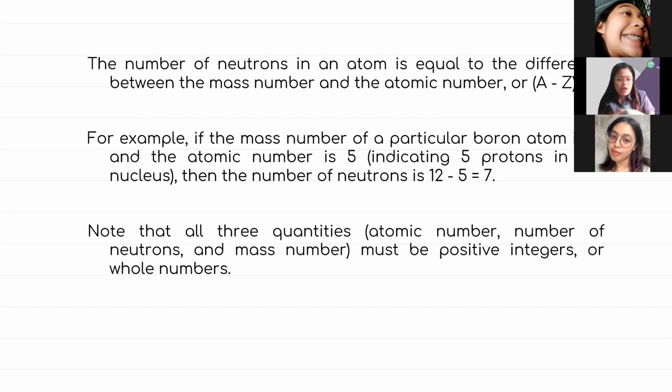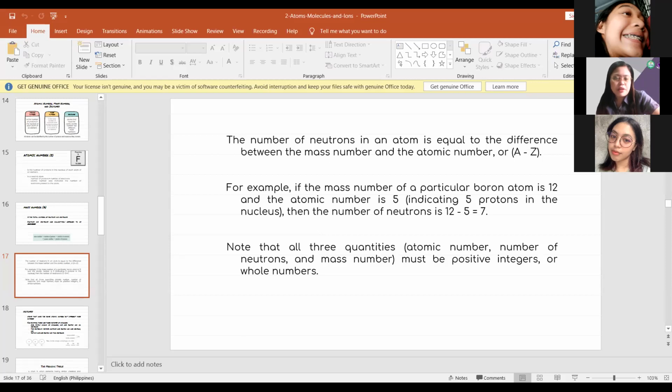Okay, let us check with the periodic table. I don't have a periodic table here, so let's look on the internet. Boron. Yeah, this is supposedly 11.